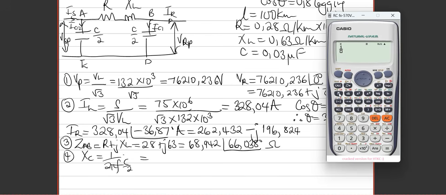1 over 2 times pi times 50 times. So I told you, you can find C total. I don't recommend that you do the massive things I'm doing here, where you divide like this in your calculator.